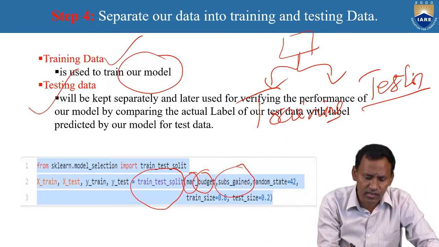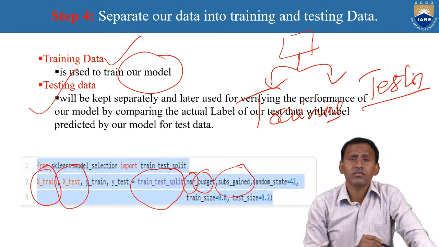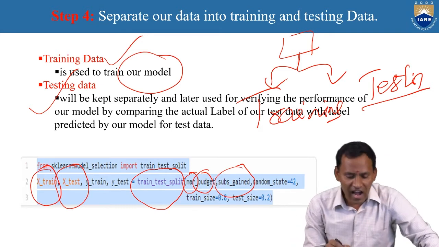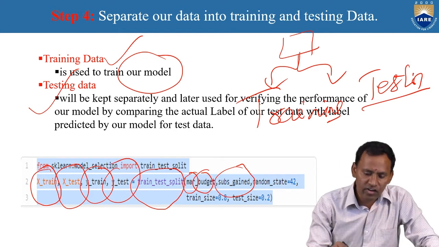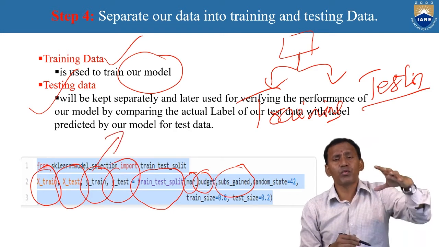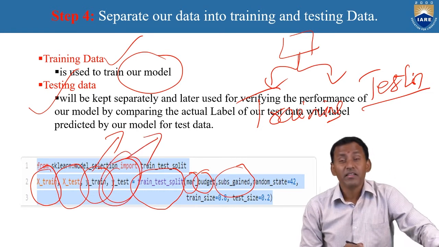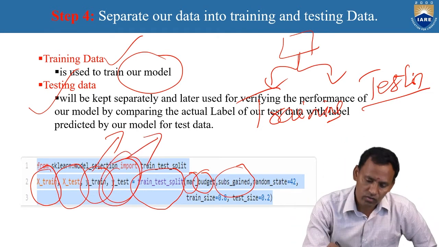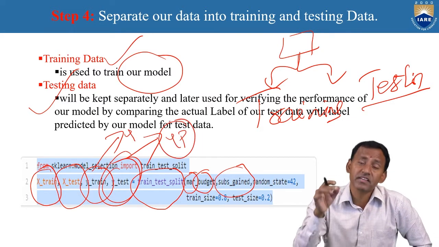That means here training data and testing data, these are the two inputs, and Y-train and Y-test. Y means the expected output, and YP means the predicted output.